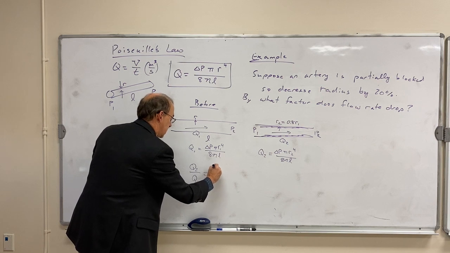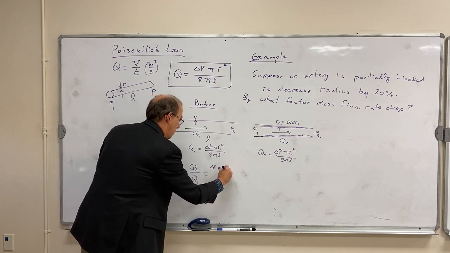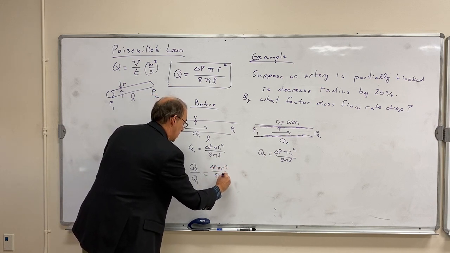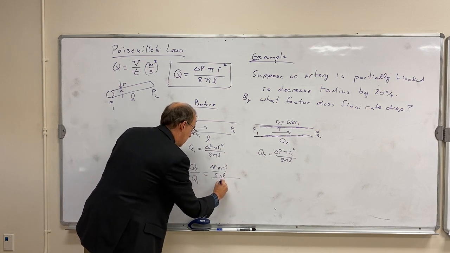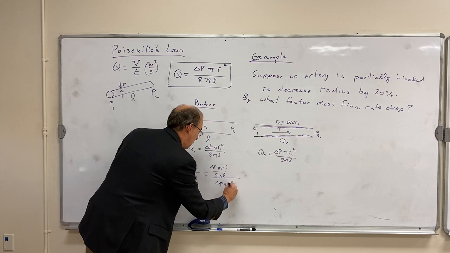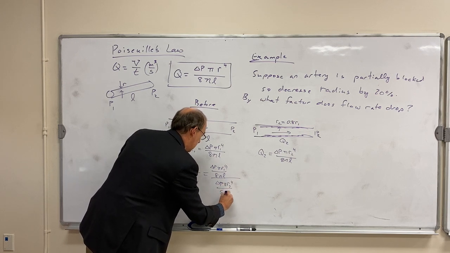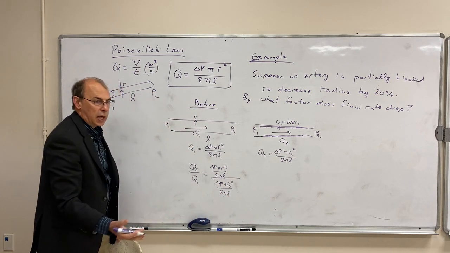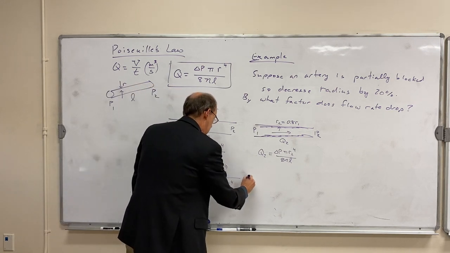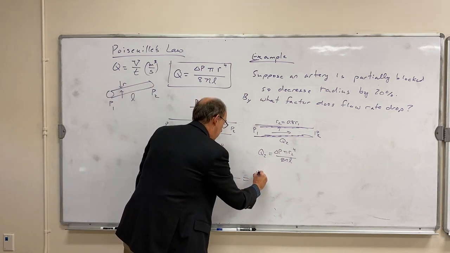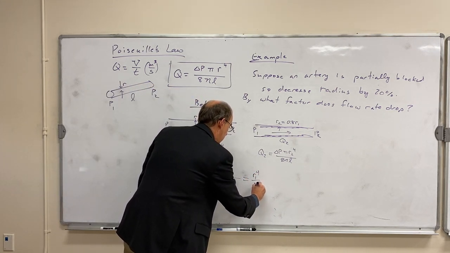It's delta P pi R2 to the fourth over 8 eta L over delta P pi R1 to the fourth over 8 eta L. You see everything cancels except the R's. So this gives me R2 to the fourth over R1 to the fourth.